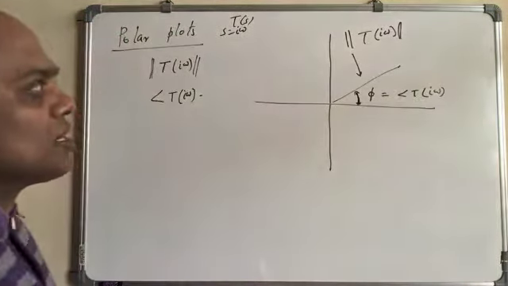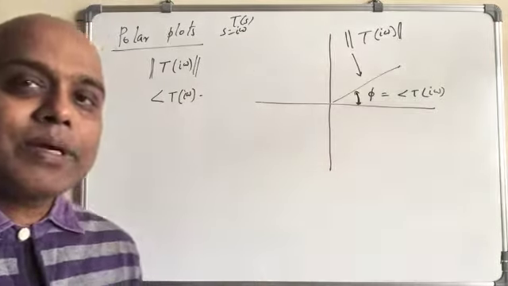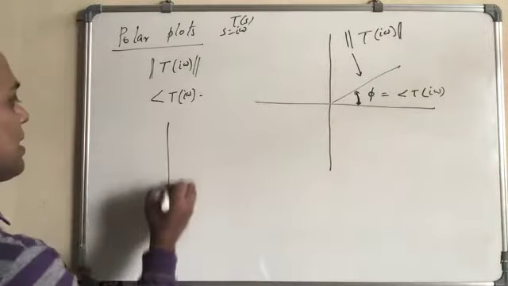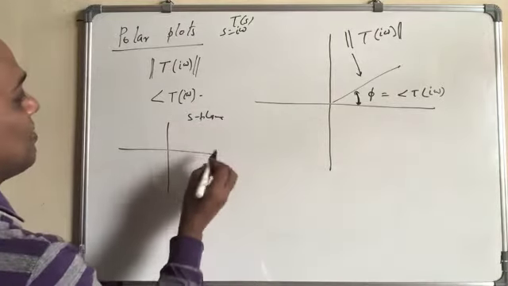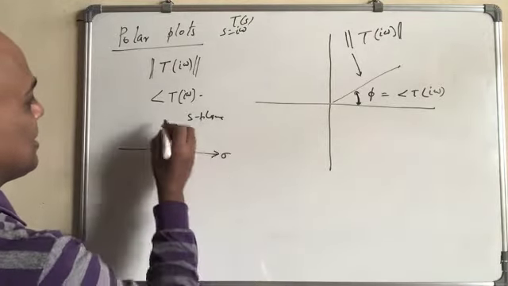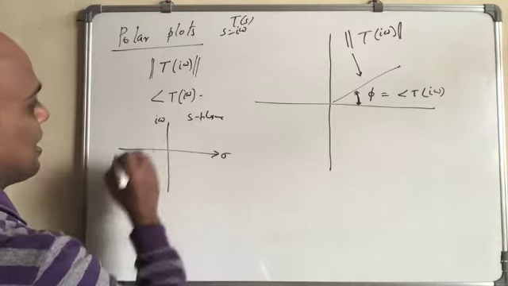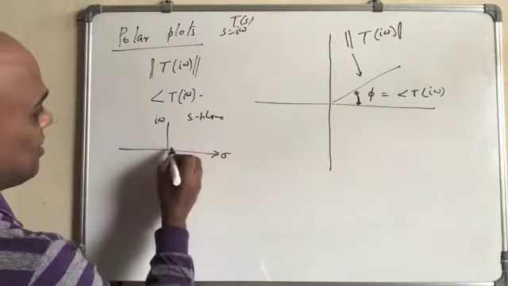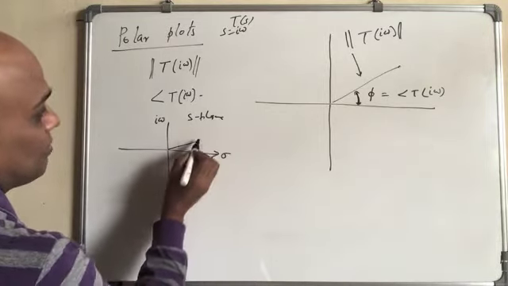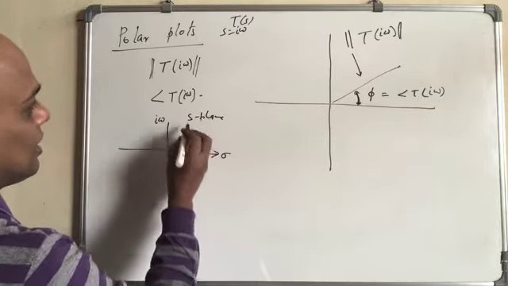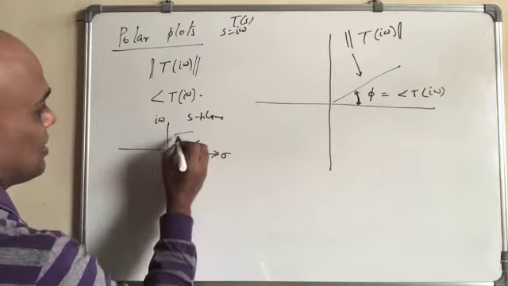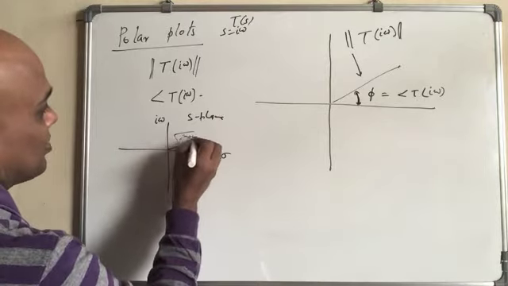Basically it is like we have the S plane, and in the S plane we have sigma here and iω here, right? And then you have the value from here to here, which tells you the root of sigma square plus omega square.